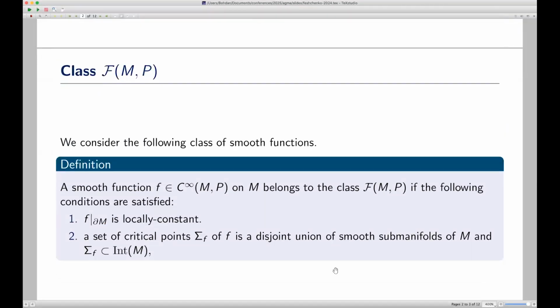And we consider the following class of smooth functions. The smooth function f on M belongs to the class F if the following conditions hold.